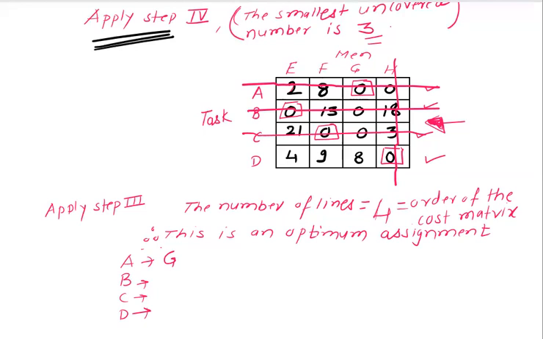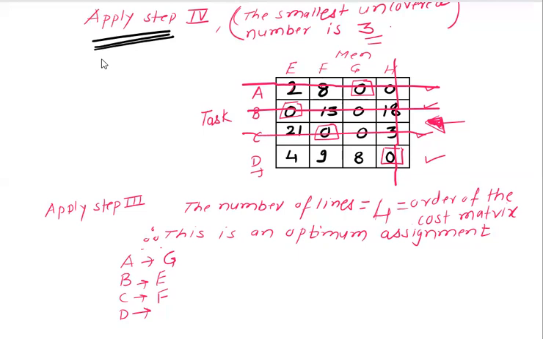B is assigned to the first person E. C is assigned to F. That is, C is assigned to this person F. It is an assignment in the third row, second column, and in the fourth row there is an assignment in the fourth column, that is C44 is the cell in which we have made an assignment.